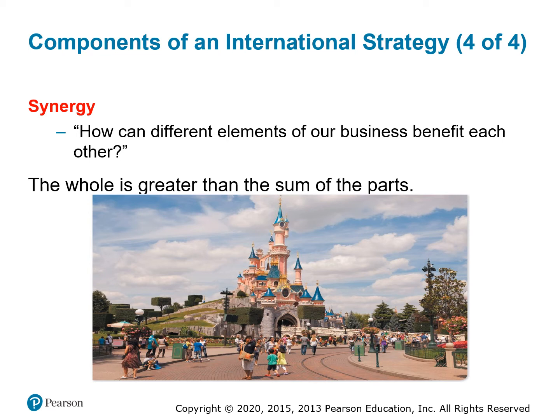How can different elements of a firm's business benefit each other? The goal of the synergy strategy is for firms to create a situation in which the whole is greater than the sum of the parts. This idea is about how much better things are together than in separate pieces.